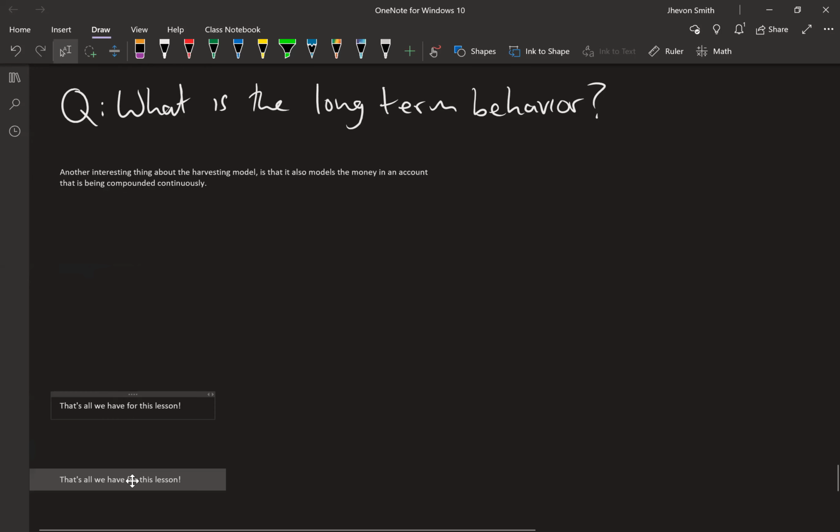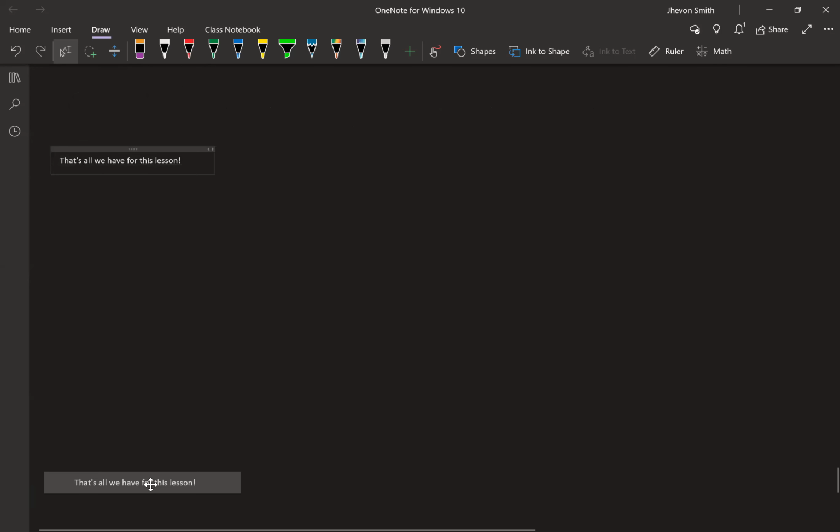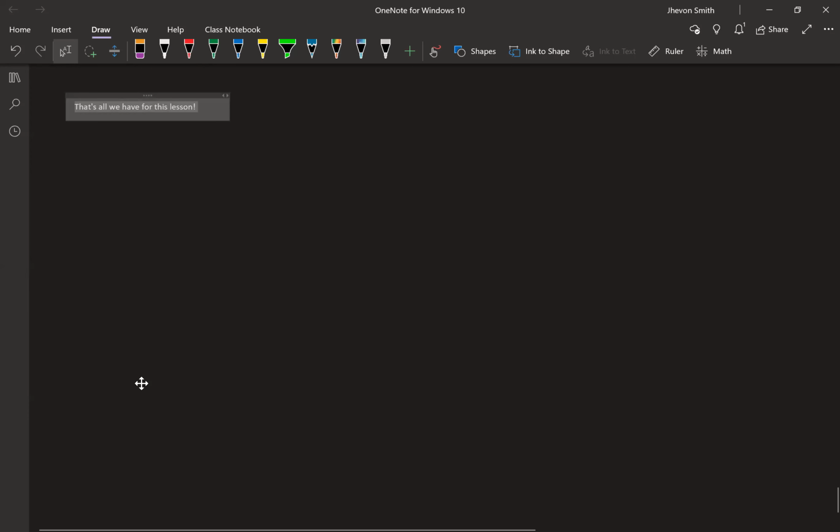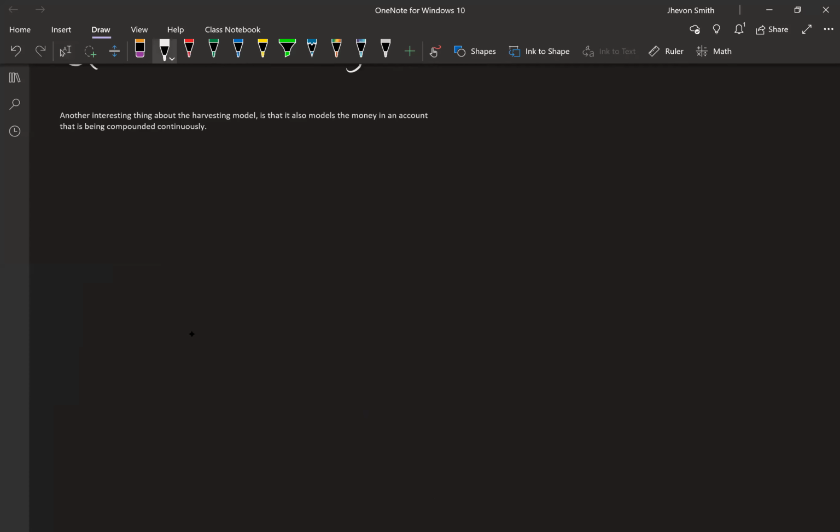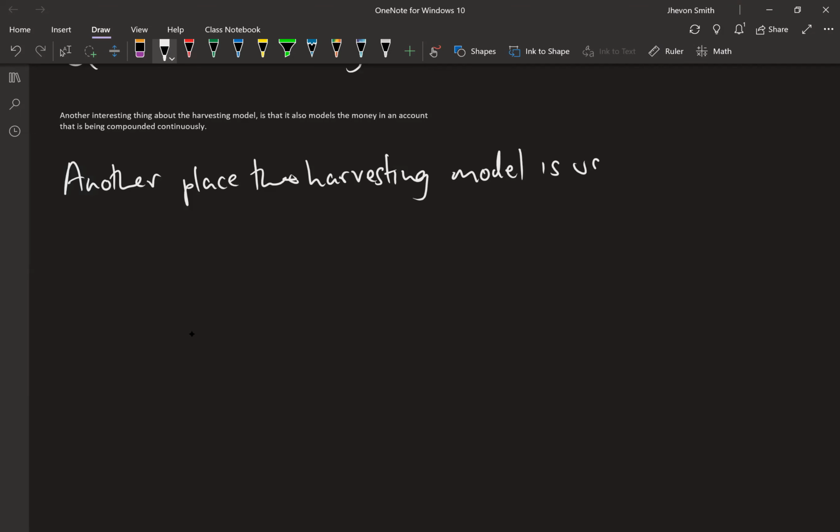Another thing about this model is that it can be used in another situation. And you'll see problems like this in your homework, I believe. Another place the harvesting model is used is in finance.